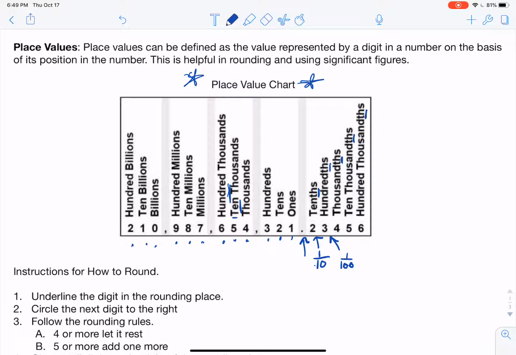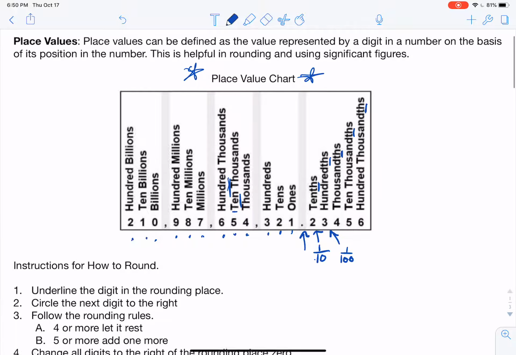So tenths, hundredths, thousandths, ten-thousandths, hundred-thousandths, and so on. Usually in most courses I've taken, you'll either round to the tenths, hundredths, or thousandths. It's very rare when we round beyond that, but it does happen, so that's how you know what they are.